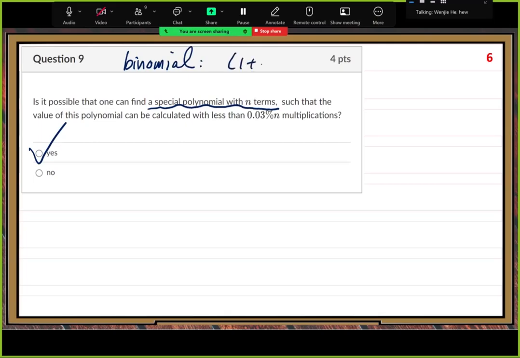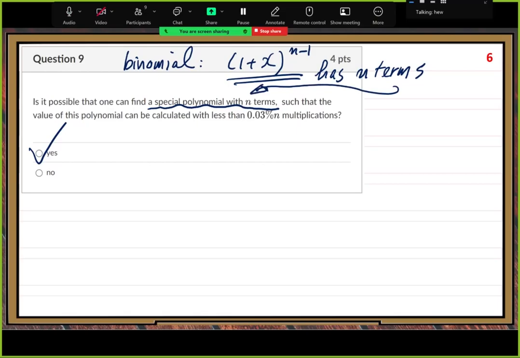We just take (1 + x)^(n-1). This binomial has n terms, because the condition requires n terms. So n minus 1.